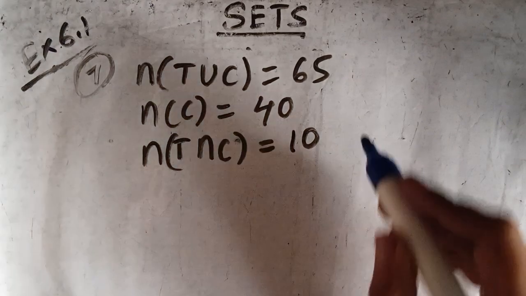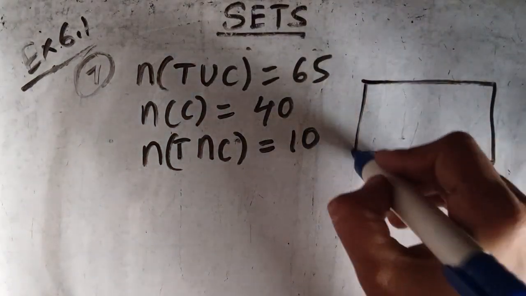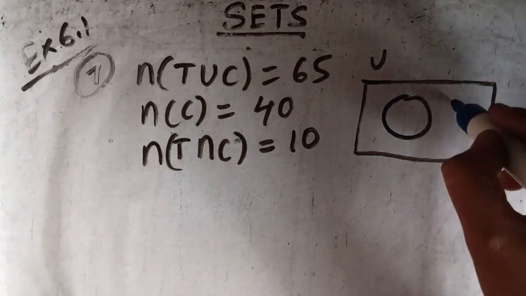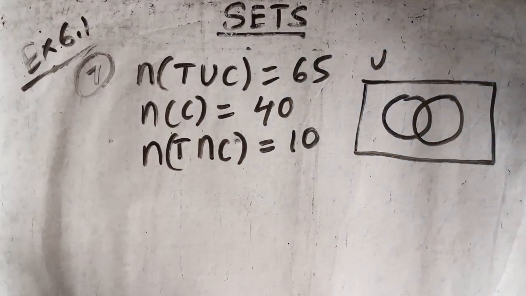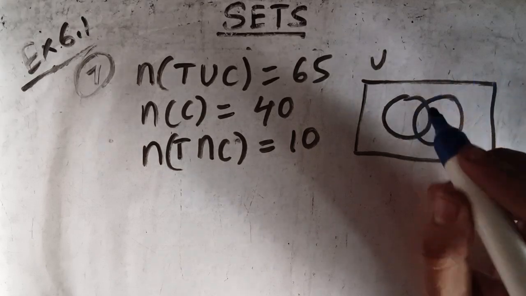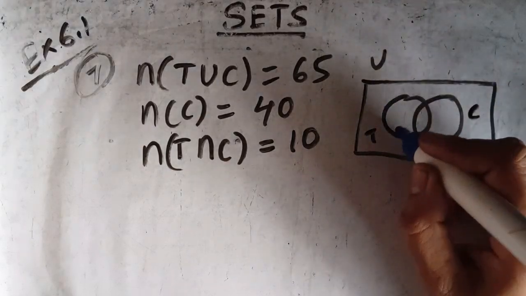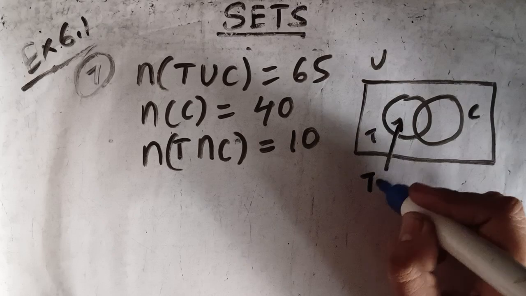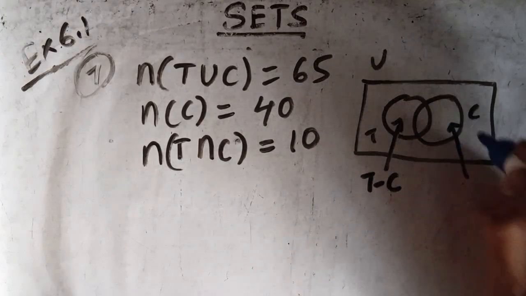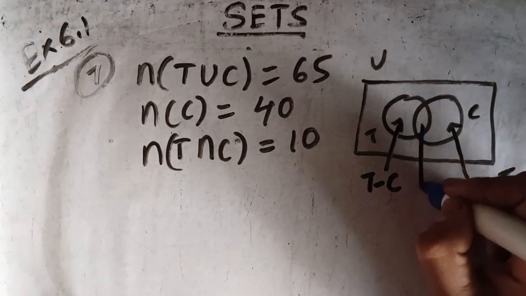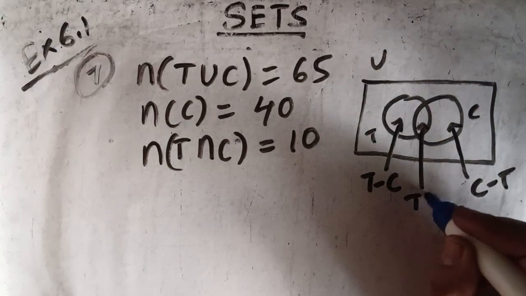If you draw this, it is the same as the C1 and C2 chemicals. Okay, T and C. So this is T minus C and this is C minus T, and this part is your intersection.